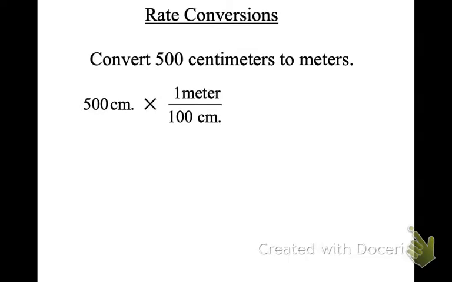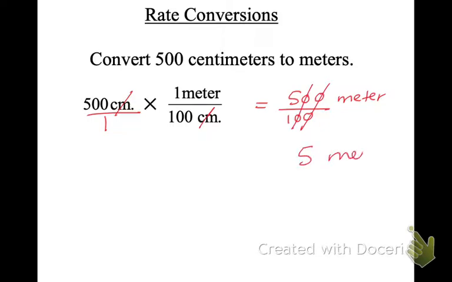And so if I'm doing it that way, then remember, our centimeters are going to cross cancel. And then I'm left with 500 over 1. So we end up with 500 over 100. I'm left with the unit of meters. And notice I can divide both top and bottom by 100, and I'm left with 5 meters.